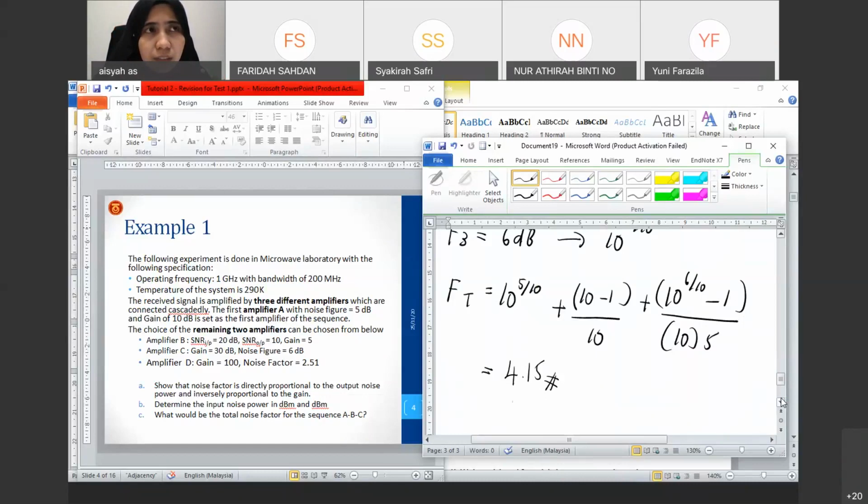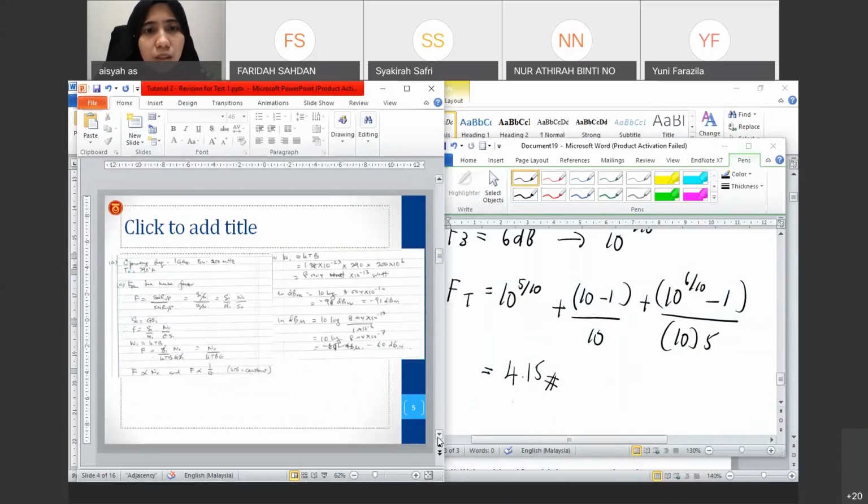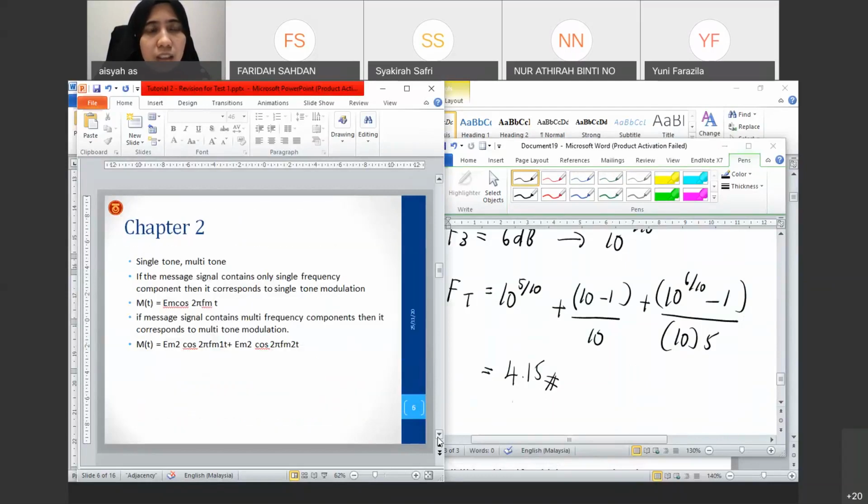And if in dBm, we need to change to linear also. Usually it's all about that. Okay, any other questions for this? If not, we proceed with the second chapter.